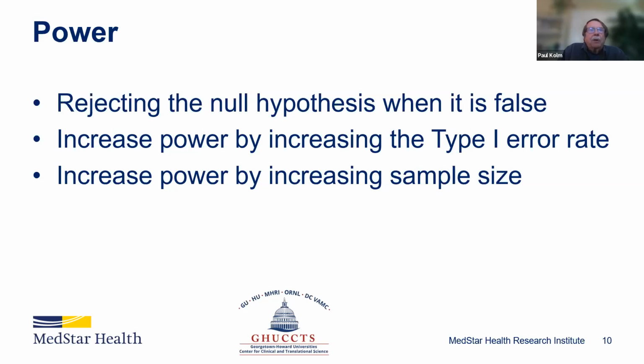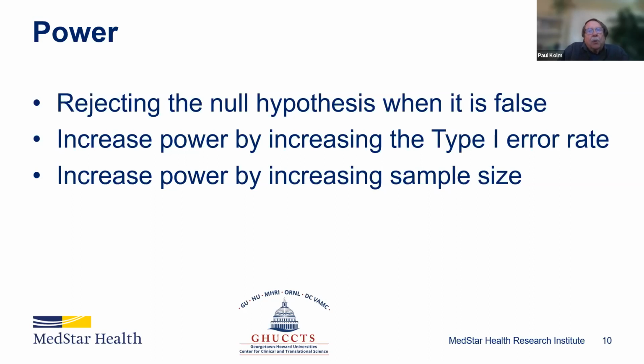But as far as power is concerned, we can increase it a couple of different ways. We can increase it by increasing the type 1 error rate, but that's not usually done because you don't want to reject the null hypothesis. You want to do your test in favor of having the type 1 error rate as small as possible.